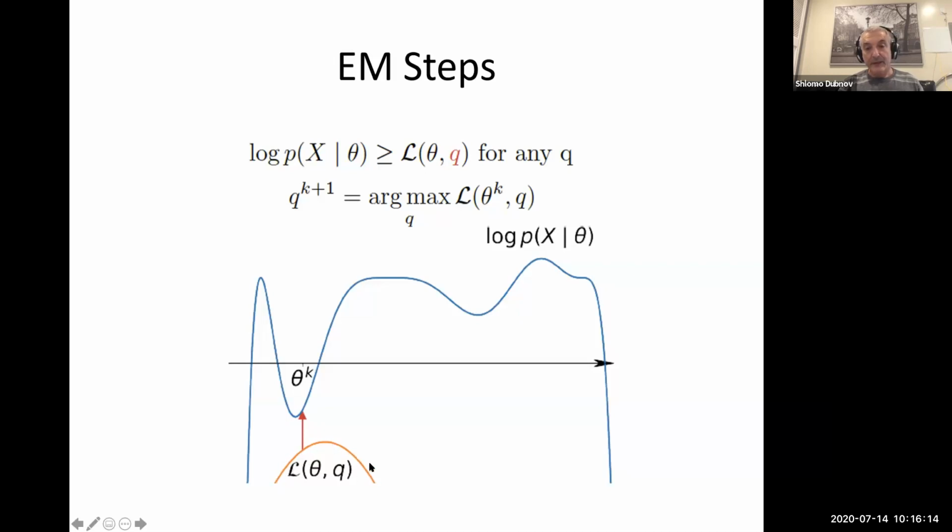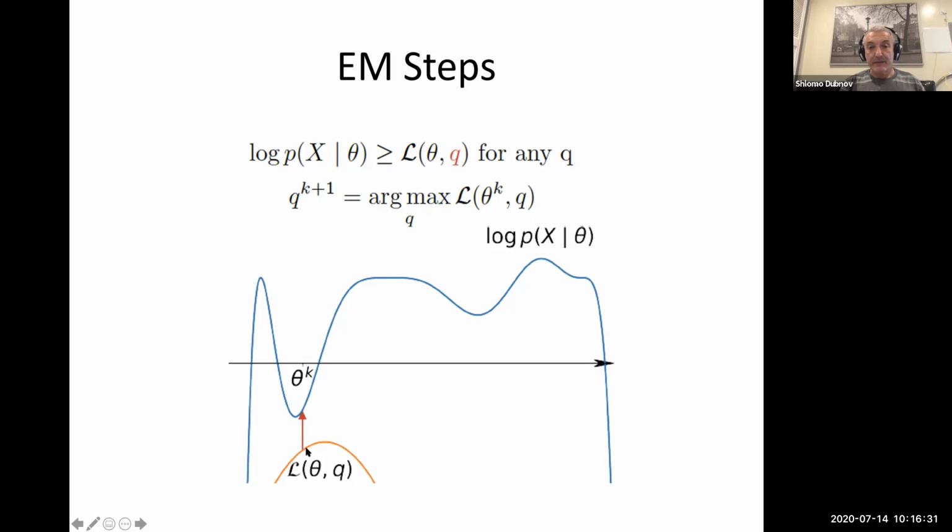Since we cannot do this, we approximate this with some tractable distribution, and we build this Q, and now we have this likelihood function. So at every point, okay, we can actually take the maximal Q, which will be the posterior distribution over the clusters, and take this as our new model.